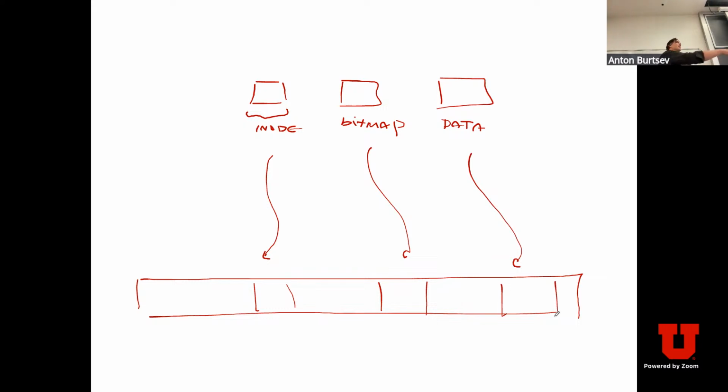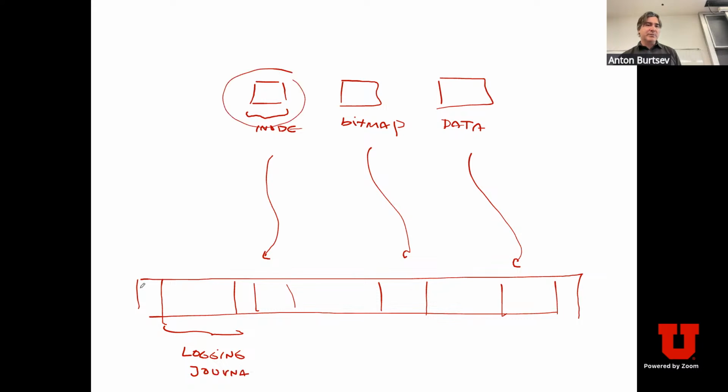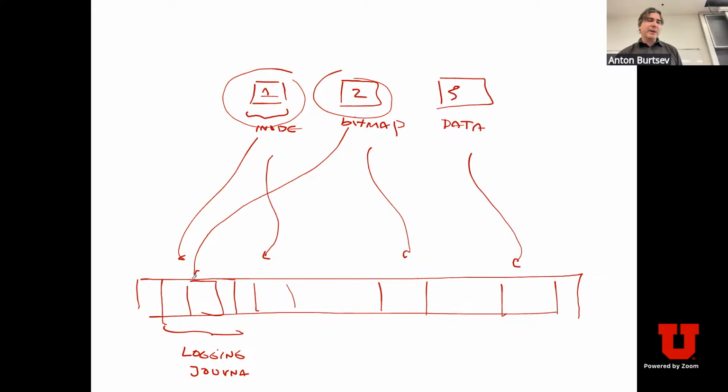Instead of writing them directly to those areas, the operating system writes them in a special area in the file system, which is called a logging area or a journal. So this block is written here first, this block is written here, this data block is written here. Let's call them 1, 2, and 3.